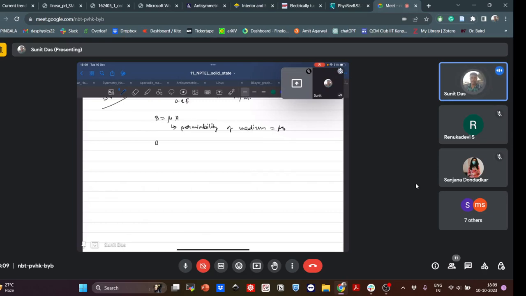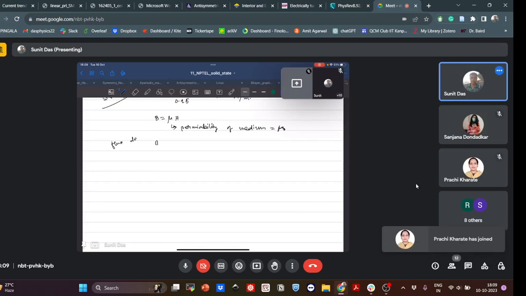So flux density equals mu 0 H, and the value of mu 0 is 4 pi into 10 to the power minus 7 SI unit.